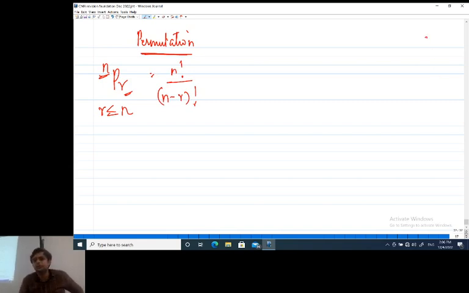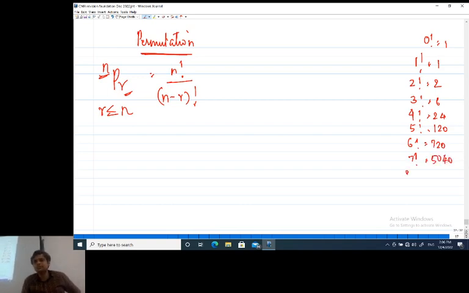So, factorial table: 0 factorial is 1, 1 factorial is 1, 2 factorial is 2, 3 factorial is 6, 4 factorial is 24, 5 factorial is 120, 6 factorial is 720, 7 factorial is... good, 8 factorial is... 9 factorial is... and 10 factorial will be 3628800.